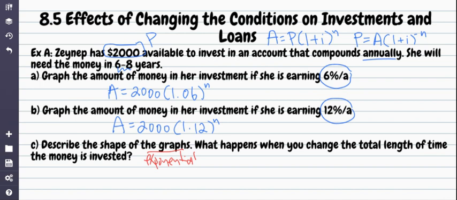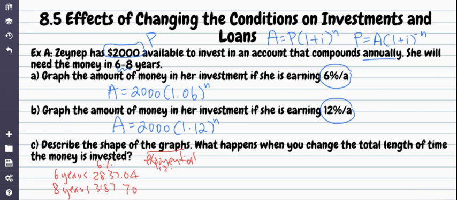If we think about how much we were earning at 6%, after 6 years, I wrote this down earlier, she had in her account $2,837.04. And after 8 years, Zainab had $3,187.70 in her account.